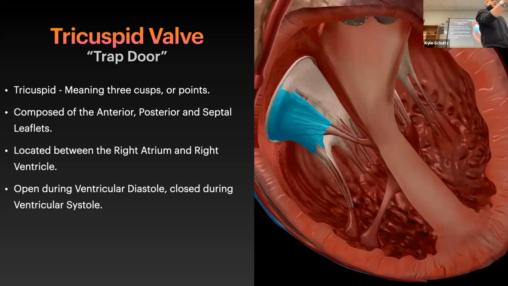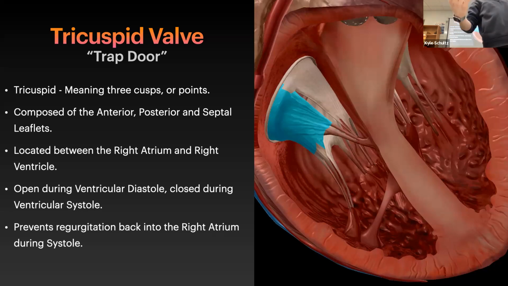It's going through during the diastolic phase so that the ventricle can fill, right? And then right before the ventricle contracts, it needs to close so that it pumps the blood back out through the pulmonic valve and not back up into the atria where it just came from, right? That's exactly its goal: to prevent regurgitation back into the right atrium during systole.